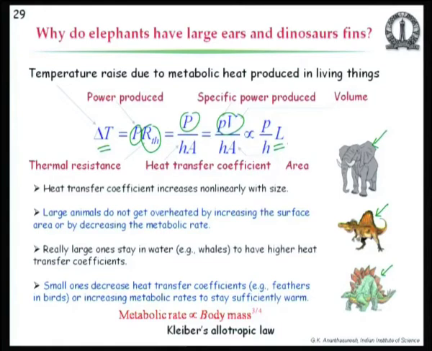They have a lot more surface area relative to the heat that they produce. So, they lose heat and they cannot be warm blooded animals anymore, they will get cold. So, they have to increase their metabolic rate, that is, the P has to go up in order to make the temperature reasonable. They should not get too cold. So, some of the small animals will eat a lot to have a high metabolic rate, and that is something that again is given as an allometric law, the size related scaling.